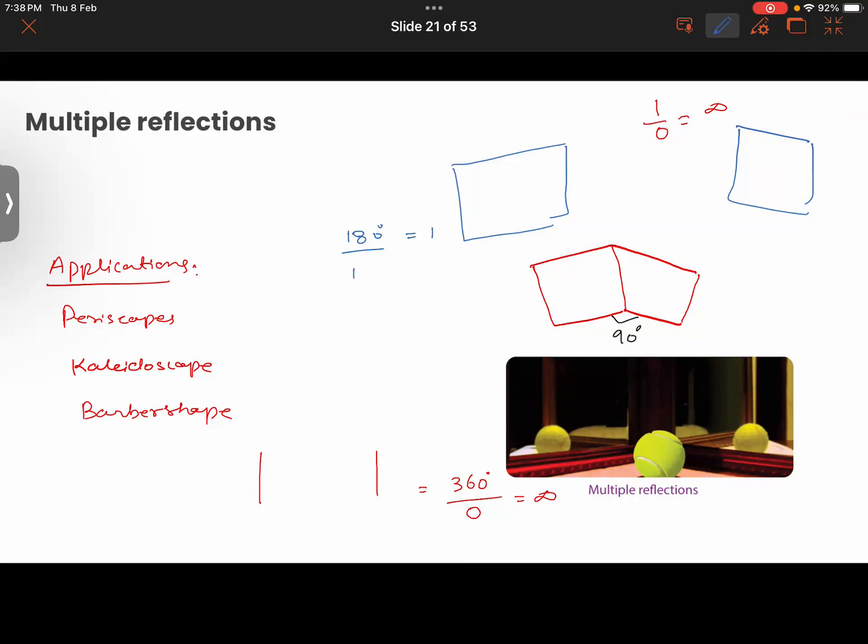If it is reduced to 120 degrees, then it will be three. If the angle between the two plane mirrors is 120 degrees, you will be getting 3.